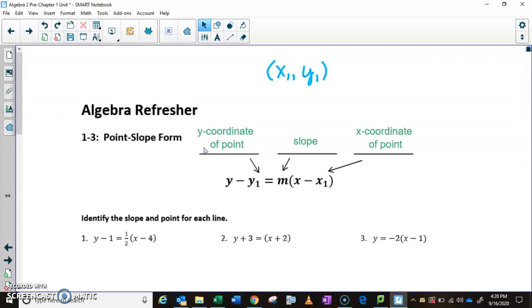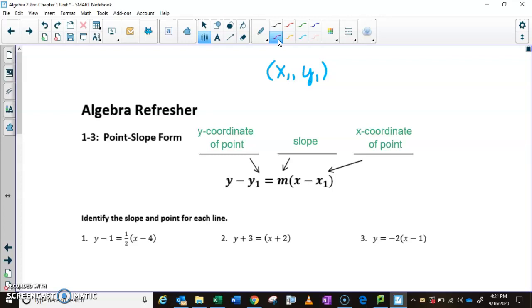So we're going to take a look at three equations that are given to us in point slope form, and we're just going to first identify the point and the slope from those equations. So the first one, y minus 1 is equal to 1/2 times the quantity x minus 4.